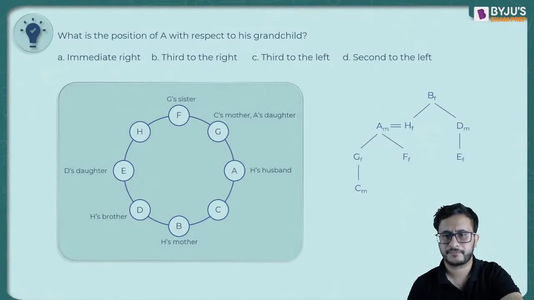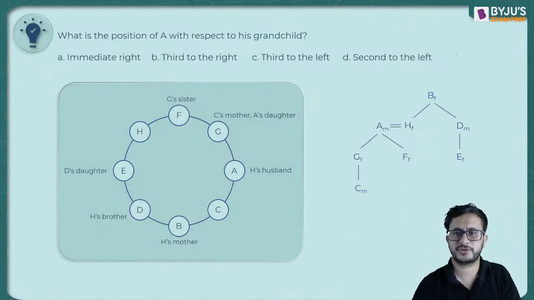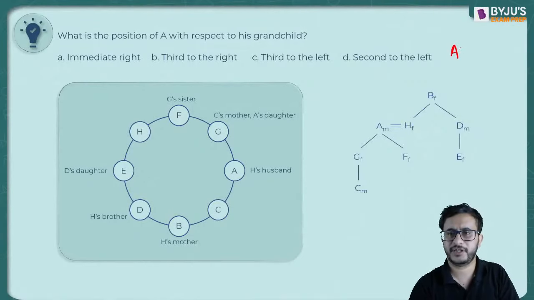Okay. Let's take this point also, that we knew A, G, C, and if we take F, these were given to us.